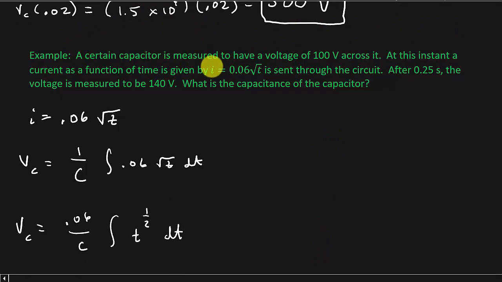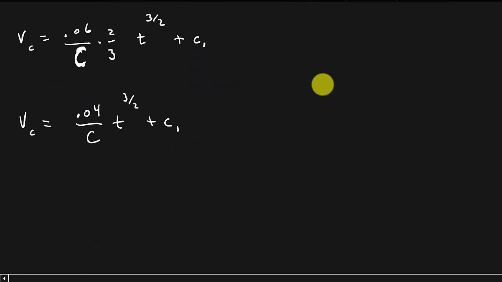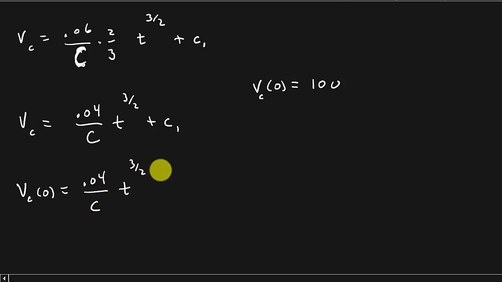Let's see. It says a certain capacitor is measured to have a voltage of 100 volts across it. All right, so that tells me that V of 0 is equal to 100. So our V sub C of 0 is 0.04 over C times t to the 3/2 plus C1, is equal to 100.